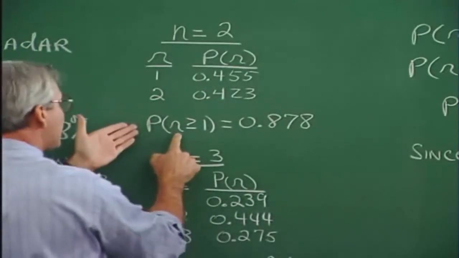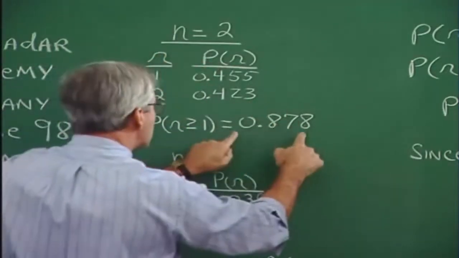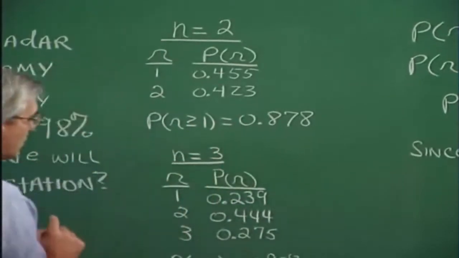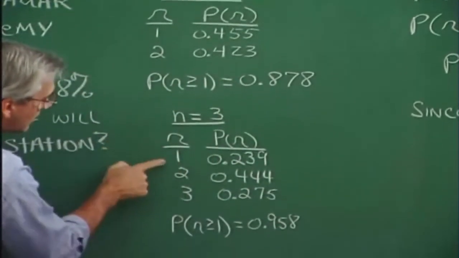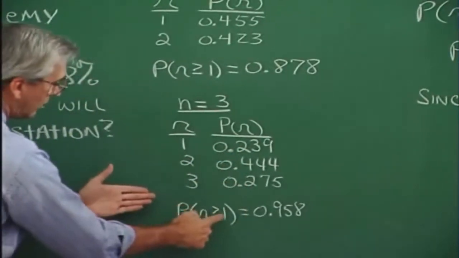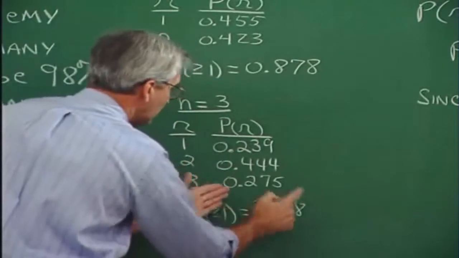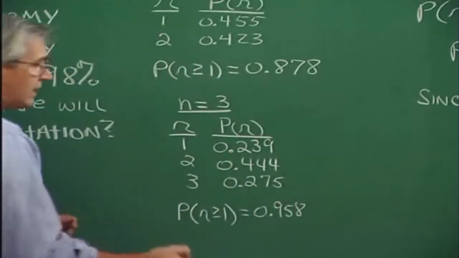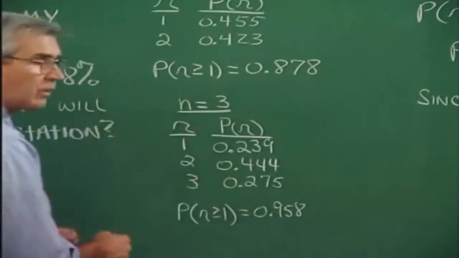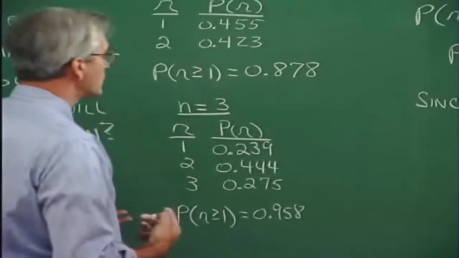The probability that R is greater than or equal to 1 would be the sum of these, and that's not enough. If N is 3, then R could be 1, 2, or 3. These are the probabilities. So the probability that R is greater than or equal to 1 would be the sum of those, or this. We're still not there, though. This 0.958 is still not enough. We need more stations, so we would continue the investigation, presumably.